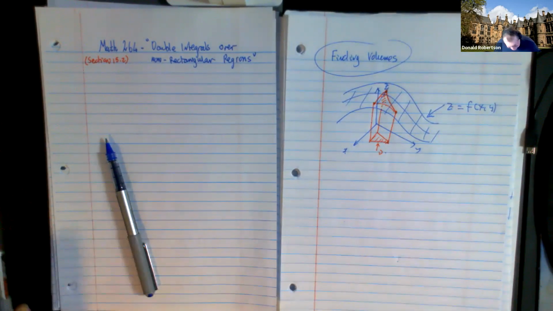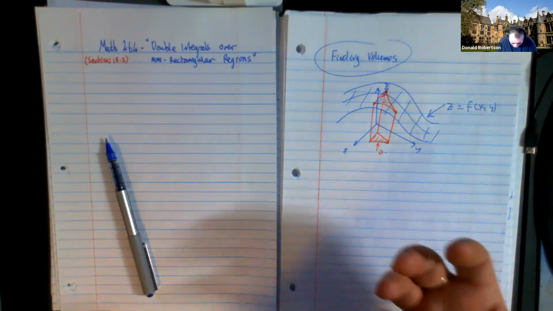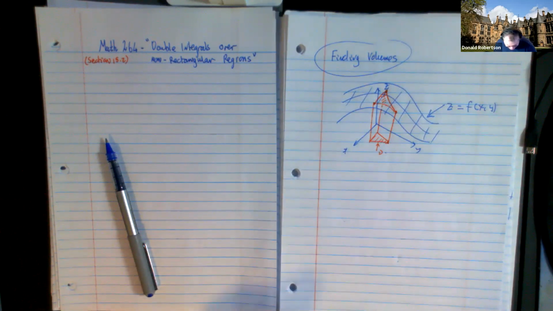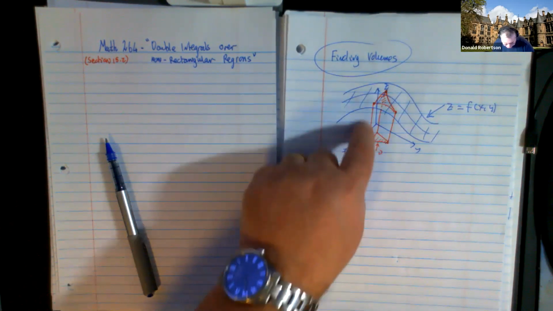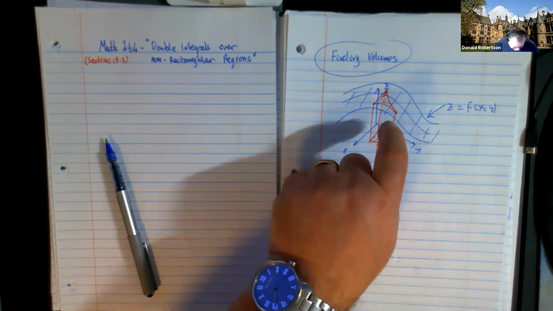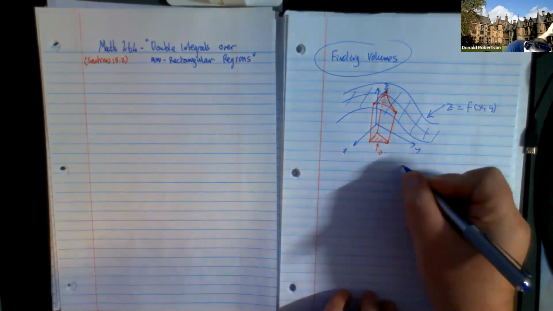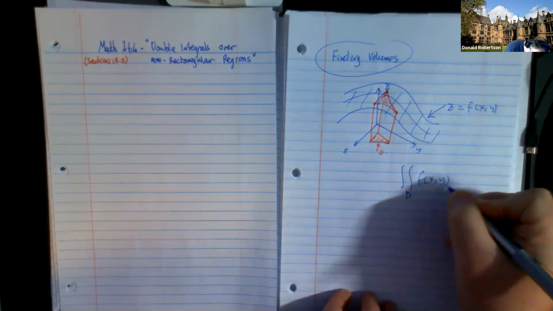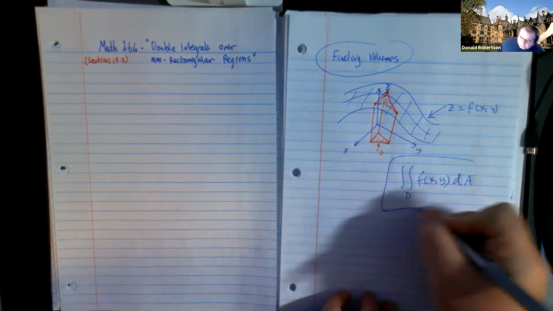I wish I was an artist, but can you imagine this Toblerone shape going up and meeting a surface? That solid shape there, its volume is equal to the double integral over D of f of x, y dA.